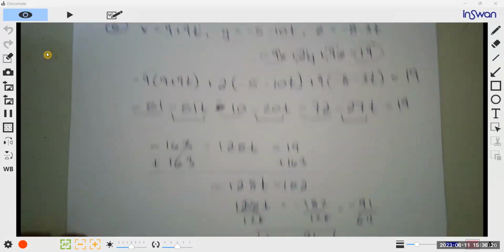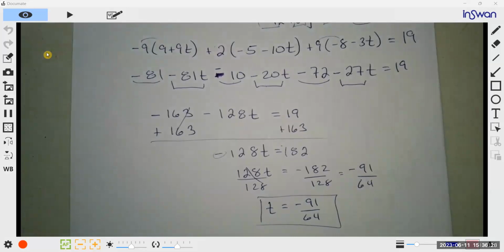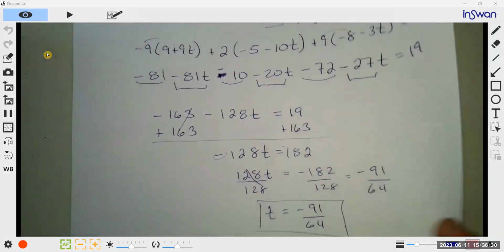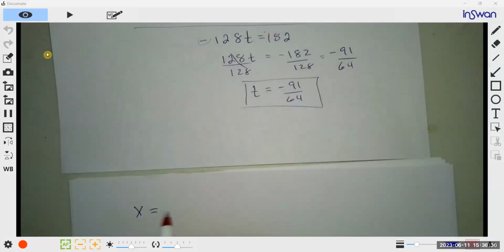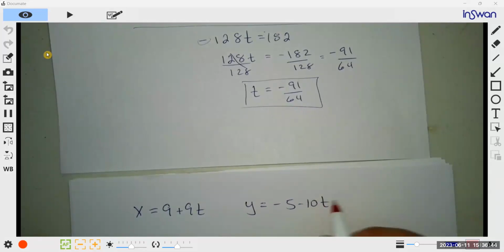Now we plug t in place of that. So 9 plus 9t, negative 5 minus 10t, negative 8 minus 3t.